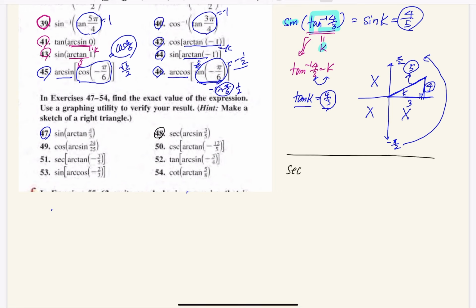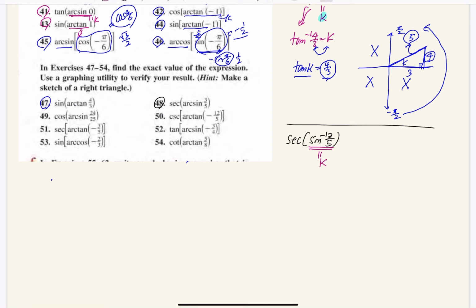Secant of arcsine, which is sine inverse, 3 over 5. This is an inverse expression, so set up K. Sine inverse 3 over 5 is equal to K. Switch X and Y, so sine K is equal to 3 over 5.